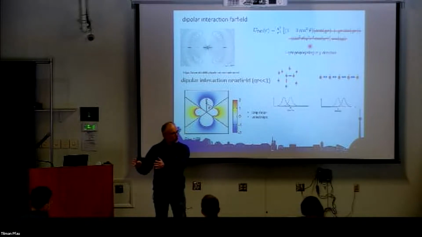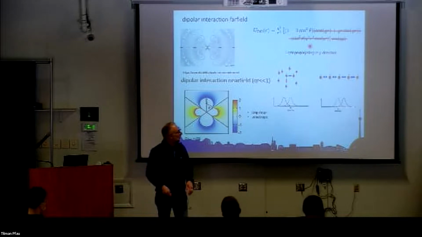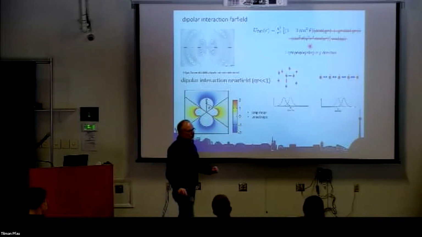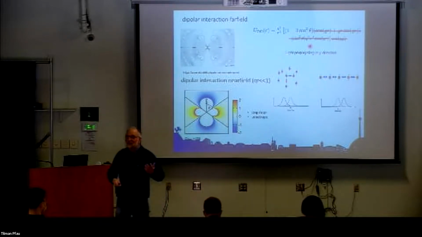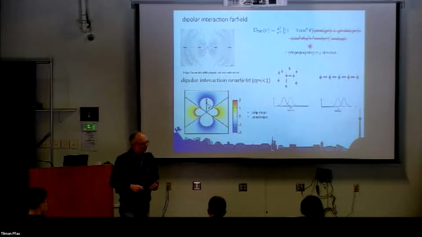There will be a blue shift in this ensemble. If, on the other hand, you have them sitting head to tail, like this, there will be a red shift. And now you see that everything is geometry dependent, due to the anisotropy of the dipole-dipole interaction.